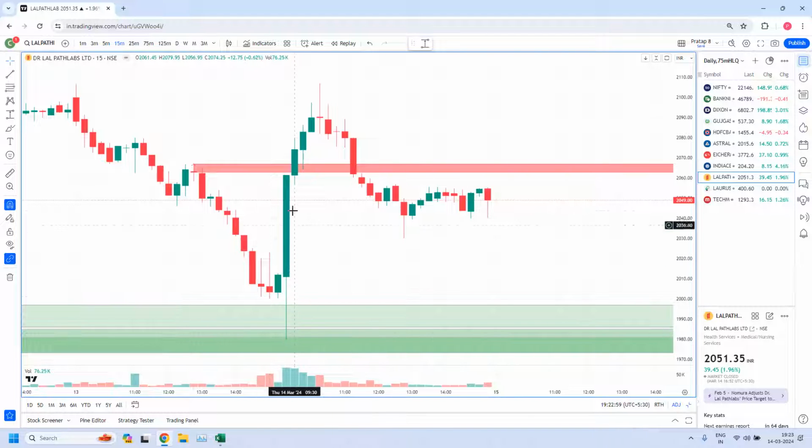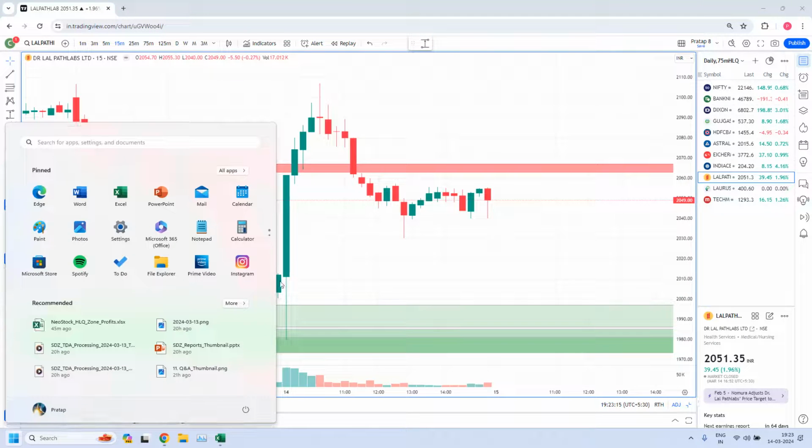Excellent profit. In one candle itself it gave the profit. Maybe this is your entry at 1981, and this one 2062.